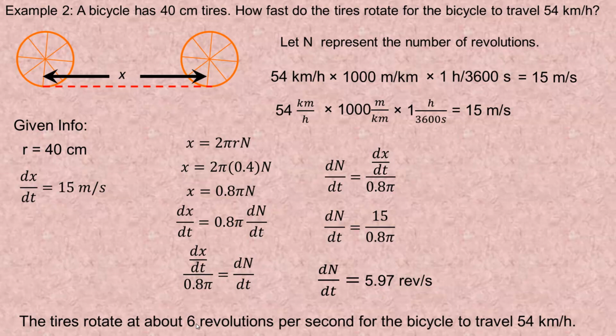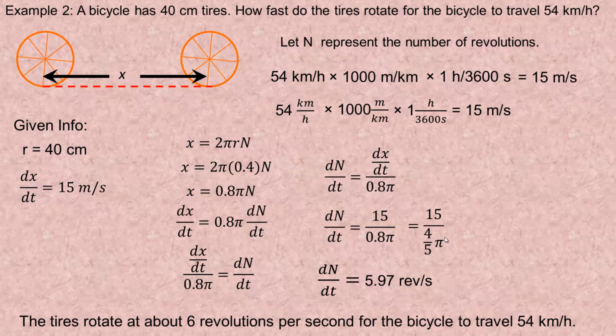So if the tires rotate at 6 revolutions per second, the bicycle is going to travel the 15 meters per second, or 54 kilometers per hour. Now, if you want a nice expression for this instead of the approximated 5.97, if your teacher really wants those nice exact expressions, and lots of math teachers do, the 0.8 is the same as 4/5.